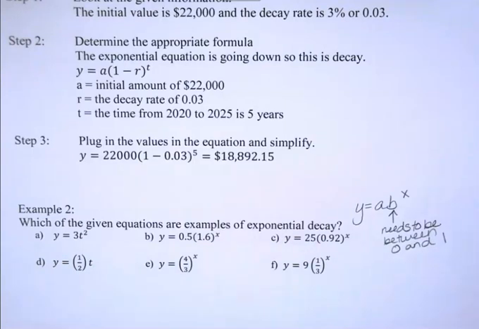Because I'm doing 100% and I'm taking a little bit away each time. For this first formula, notice your variable is not in the exponent. So this is not exponential decay.